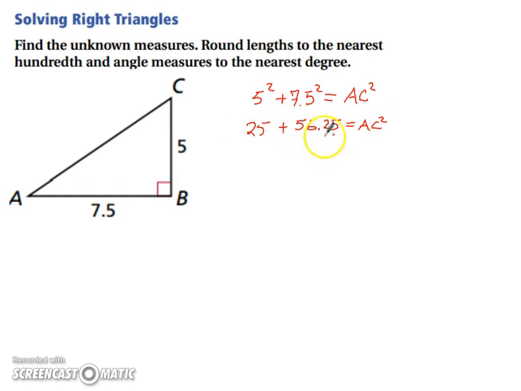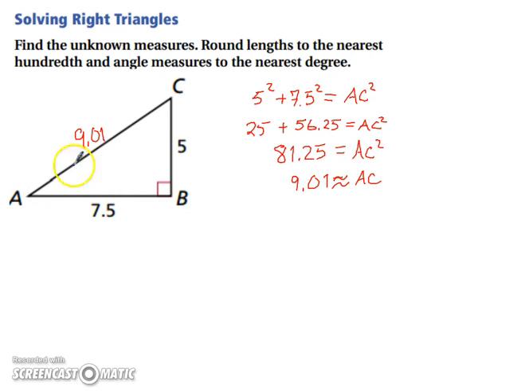Simplify the left-hand side of the equation, so we can combine like terms here, and we end up with 81.25 equals our AC squared. And since we want to get AC by itself, we need to take the square root of both sides. And the square root of 81.25 is about 9.01. So we can write that over here. We got 9.01.